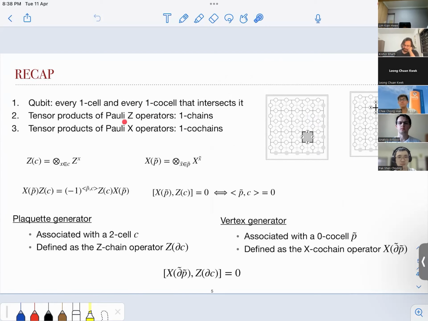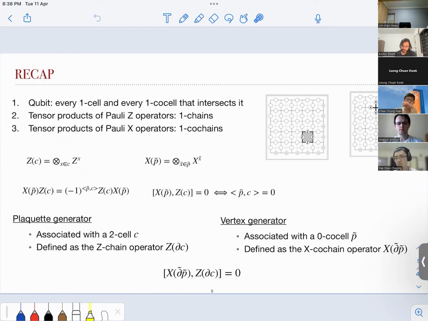And tensor product of Pauli-Z operators we represent via a one chain. Tensor product of Pauli-X operators is basically a one co-chain. You can think of it as a dual of a one chain, on the dual lattice. So this is your Z operator, this is your X operator.